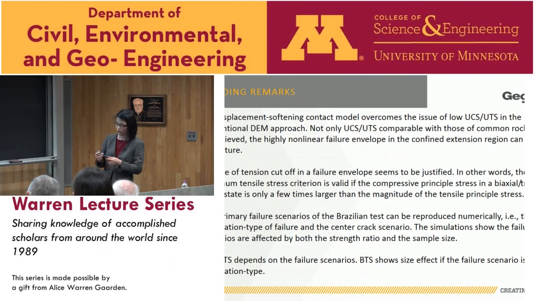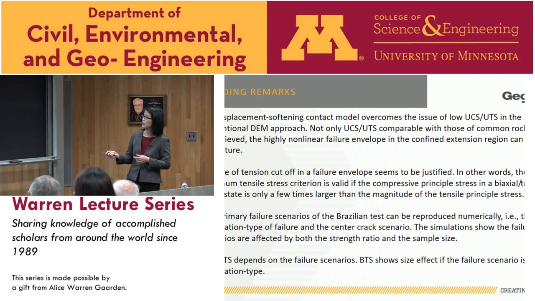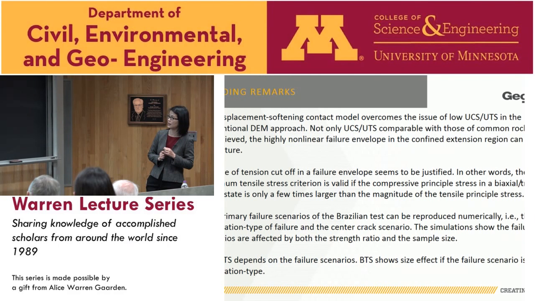And again, those phenomena have been observed in experiment a long time ago. It's not that we are observing anything new, but with numerical simulation, of course, we bring in very interesting insights to the behavior of the Brazilian test.